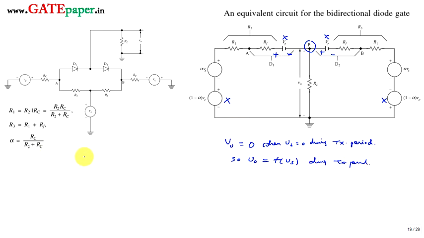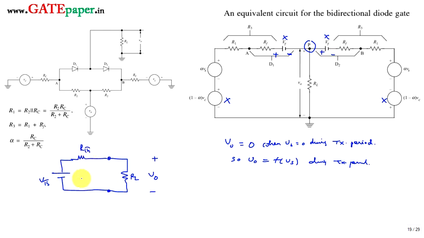Okay, so from that we are going to draw the Thevenin's equivalent circuit across the output terminals RL. That means like this. Across RL I am going to apply Thevenin's equivalent. So I am going to write this as RTh and this as VTh.